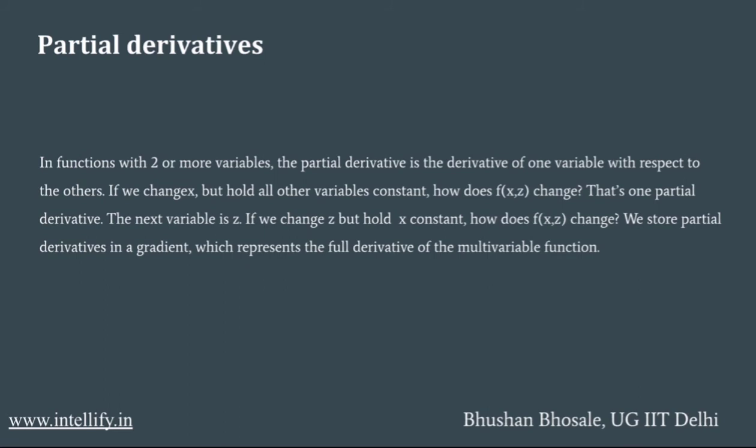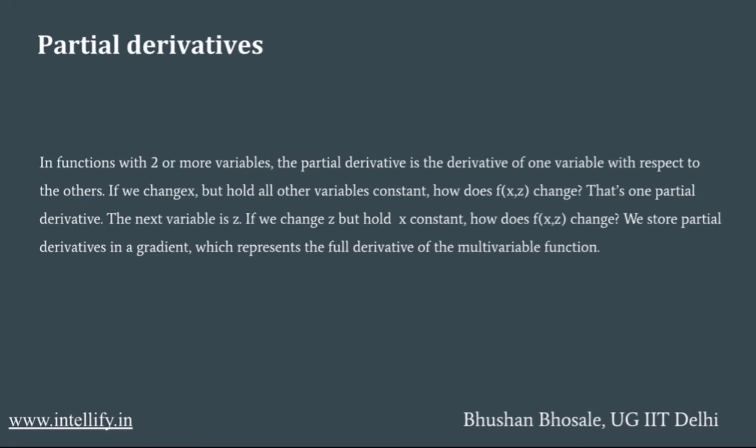Okay. So what that means is that a partial derivative is the derivative that we take with respect to some variable x when the function f of x is not just a function of one variable, but a function of multiple variables.